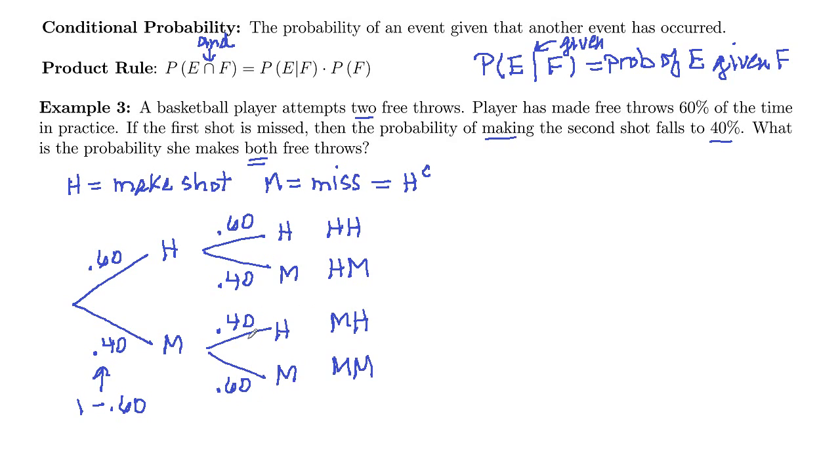And again, these probabilities in the second shot, this is first shot and second shot, are conditional probabilities. This is the probability you hit the second shot given that you hit the first. This is the probability you hit the second shot given that you missed the first, because you're starting from a miss. So multiplying our branches like we did before, 0.6 times 0.6 is 0.36. We got decimal probabilities this time, that's fine. 0.6 times 0.4 for a hit and a miss is 0.24.